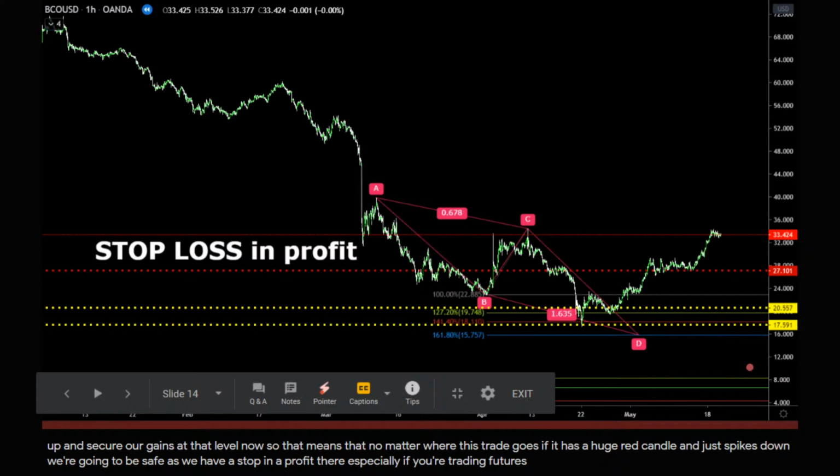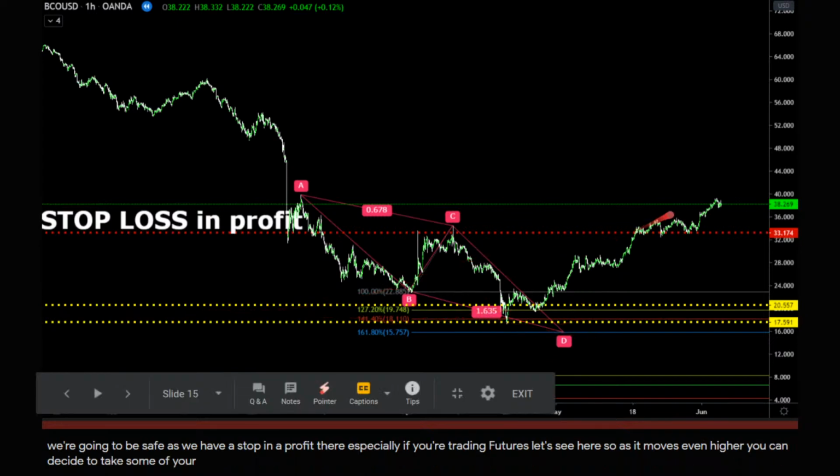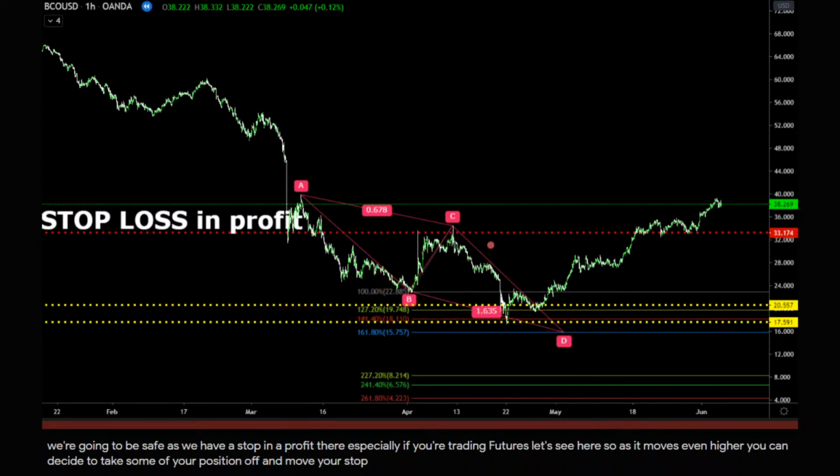So as it moves even higher, you can decide to take some of your position off and move your stop loss up in profit. But basically, this takes the emotion out of the trade, because you understand that your profits are secured, and you can actually let that trade run even more.